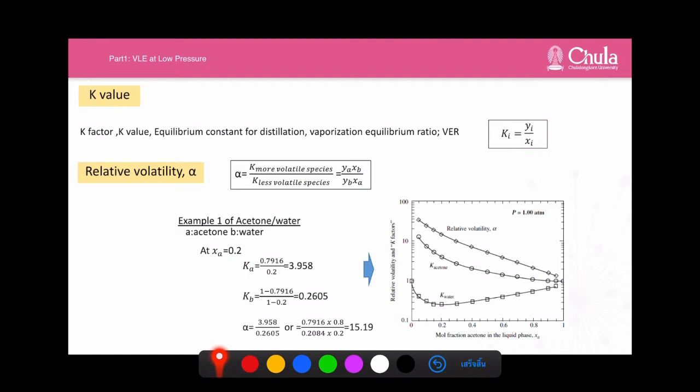Though the K factor model is powerful and simple, it's too simple and it has no connection with the basic theory of thermodynamics.